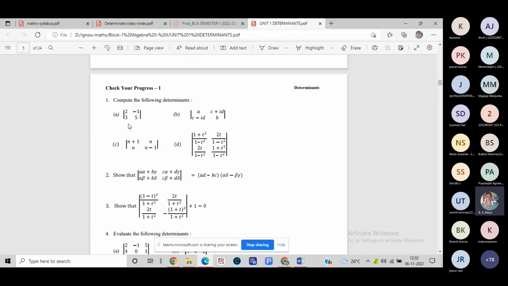Yeah, can you do this one? First one, 2 cross 2 problem. N plus 1 into N, N minus 1. It is minus 1, ma'am, answer. Everyone you got? Minus 1.